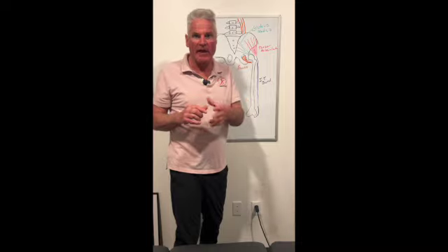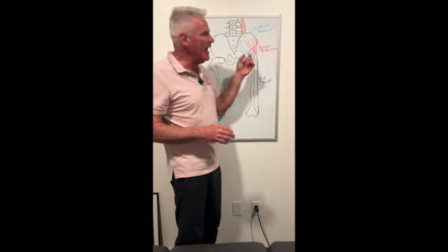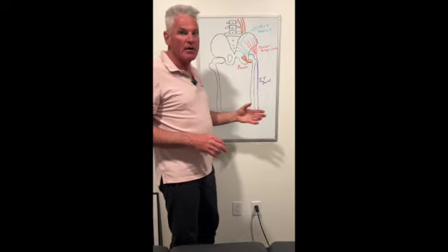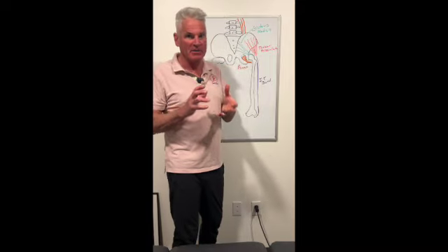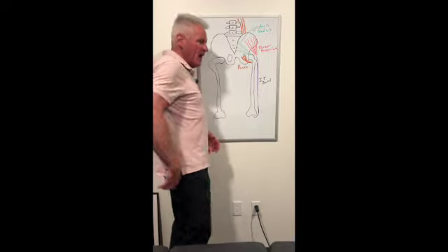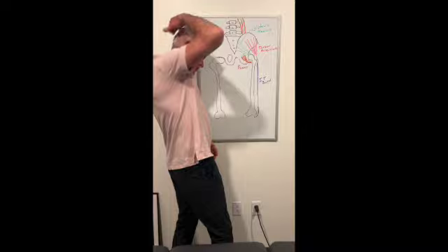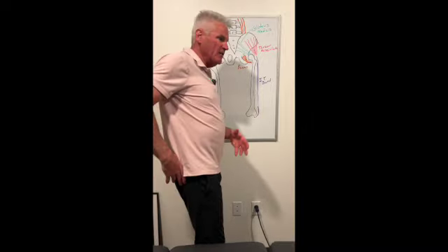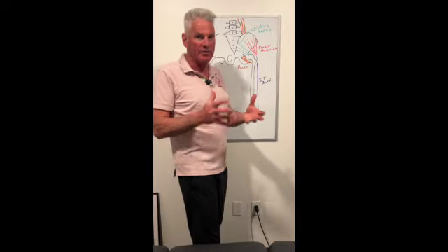There's a video on that on this channel, and you'll be able to see in clear detail how to do lacrosse ball self-massage on this lower extremity, which is going to help to relieve some of the spasms in the muscles and loosen up that fascia so that there's a little give, because that fascia in this area is connected to all the other fascia in your entire body. So if you have problems here, you may have problems in your neck or the bottom of your foot. It's all connected through the fascia.